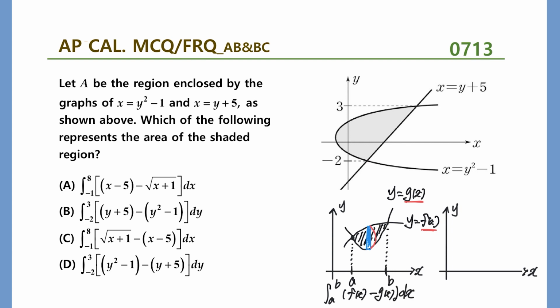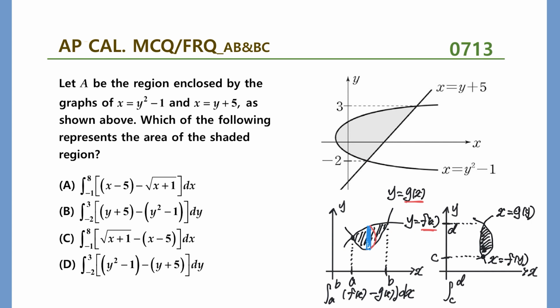That's our area, right? Now let's say we have two different curves like this. Let's say this is x = f of y, and here this is another curve, x = g of y, and we're trying to find this bounded region. Let's say the intersections are c and d. Then the area is the definite integral from c to d.